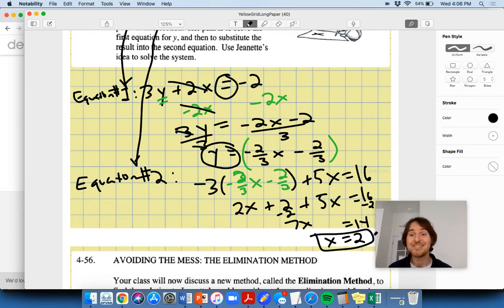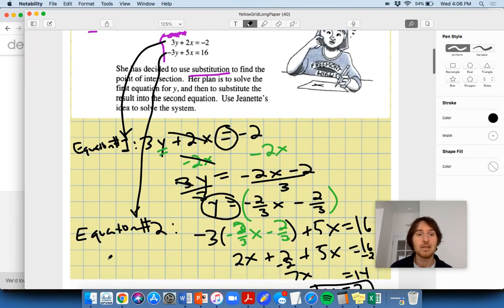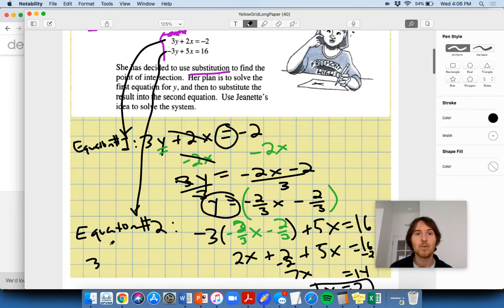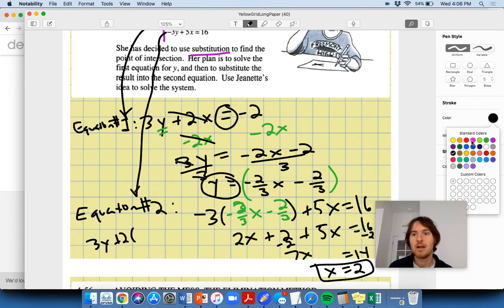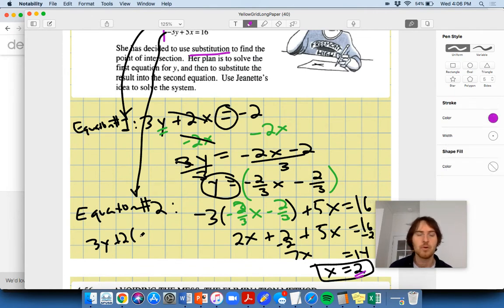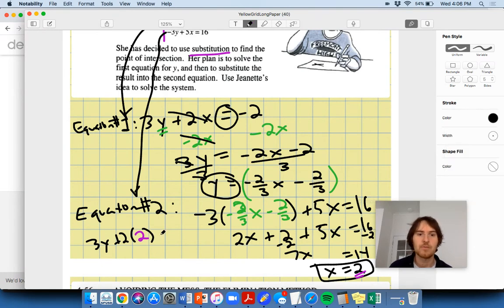So x equals 2, and I can go back to my original equation right here to figure out what y is. Equation number 1 was 3y plus 2x equal to negative 2. Instead of x, I'm going to put in 2, right? I'm hoping x equals 2 works in the other equation too, but actually I want to solve for y here in this equation.